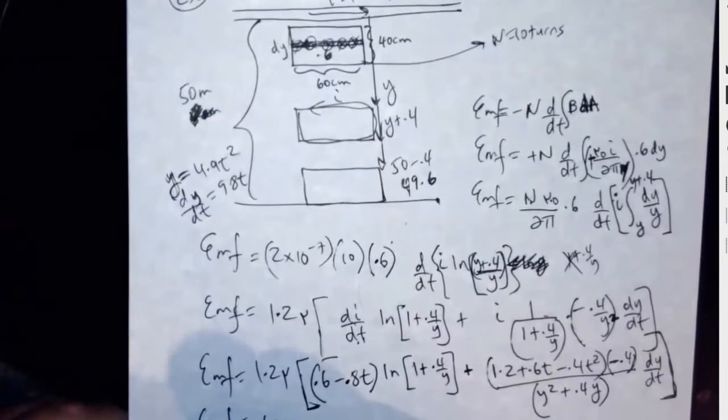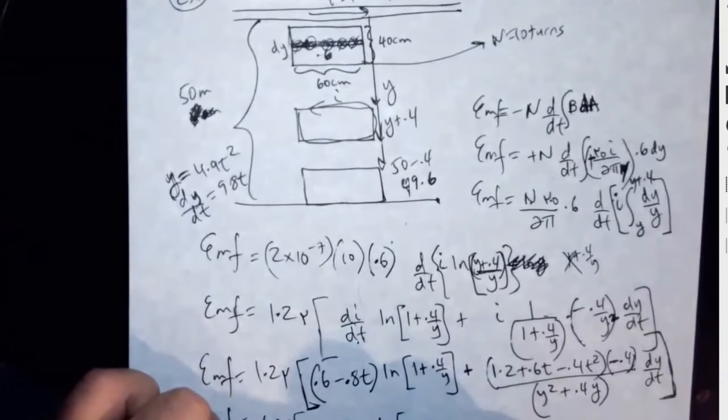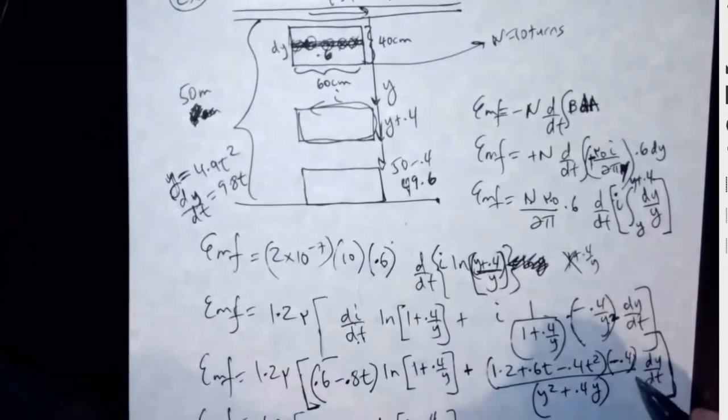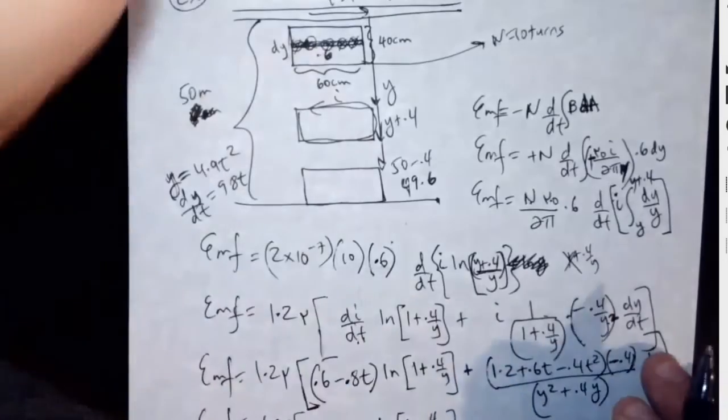So if I want to know what the EMF is when the rectangle hits the ground, then 1.2 micro, wherever there is a y, put 49.6. What will the time be?